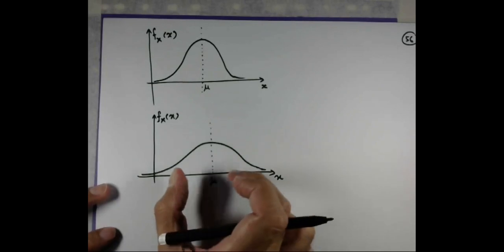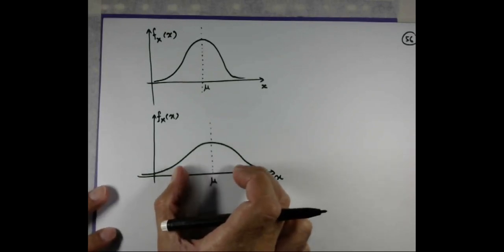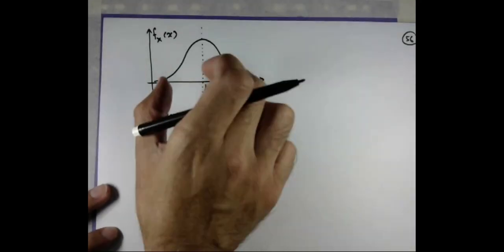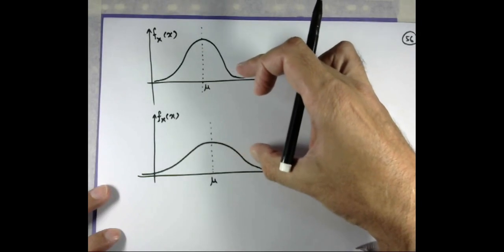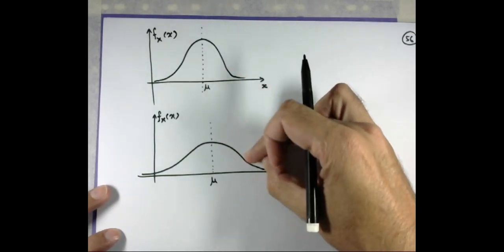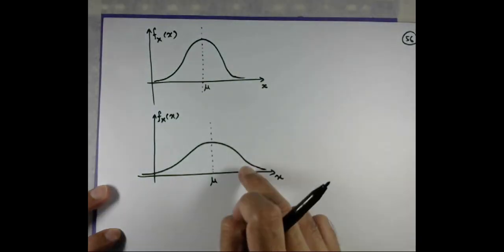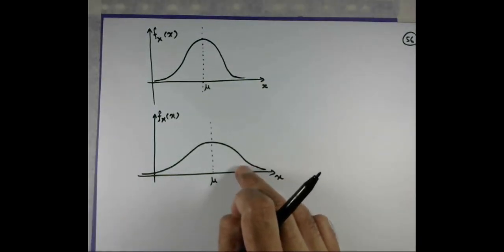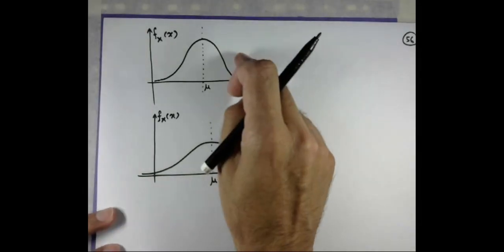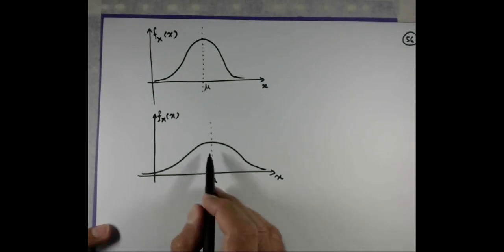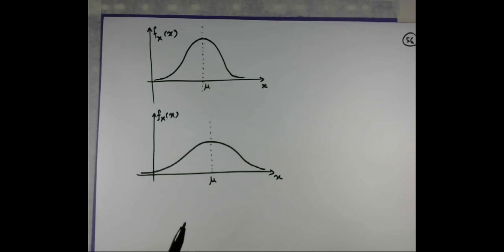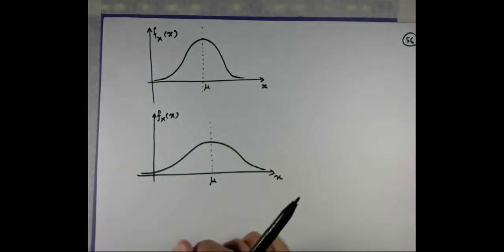But now you see the spread of this distribution is greater than the spread of the other, which means the variance, or the standard deviation in other words, is greater for this distribution. So the flatter the Gaussian distribution, the more the variance, and the more peaky the Gaussian distribution, the smaller the variance.